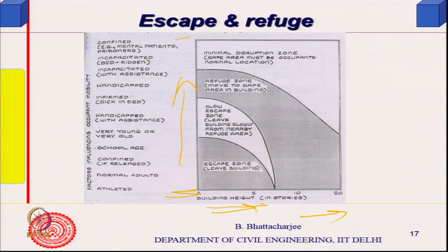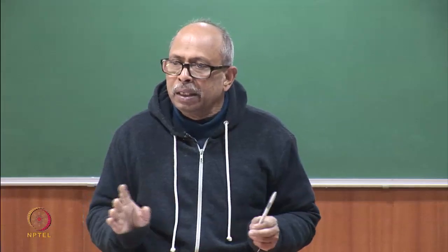Now this is the height of the building. So as the story height increases, you see this is the escape zone, meaning agile people, athletes to school age children, can escape up to a 7-story building, or 7 and 8-story building, somewhere around that, leave the building on their own without any assistance. They can just leave easily.